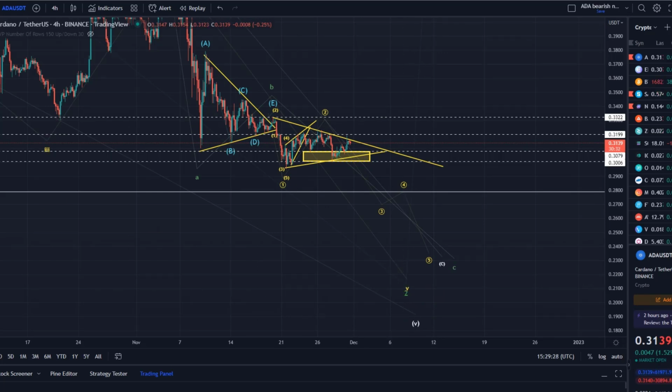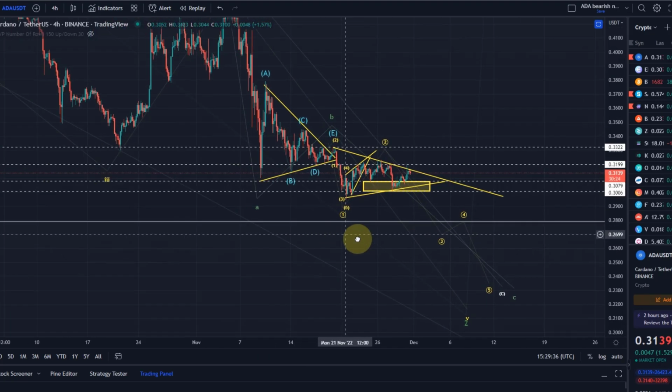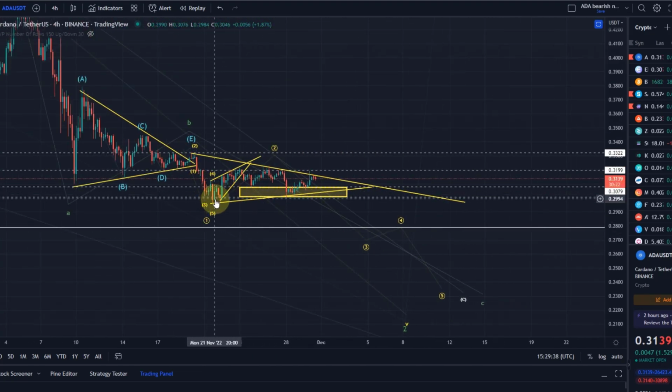There is of course also a possible bullish count that would assume that on the 21st of November, when we made that low just below 30 cents, this ended the bear market low. That is possible technically, but it's just not very likely. I would see this, for example, as a wave 1 to the upside, then here a wave 2 to the downside.